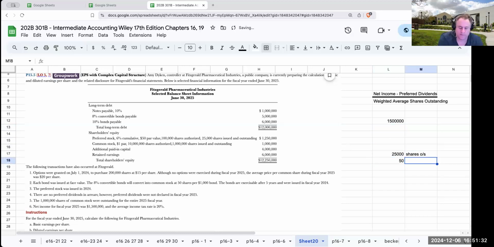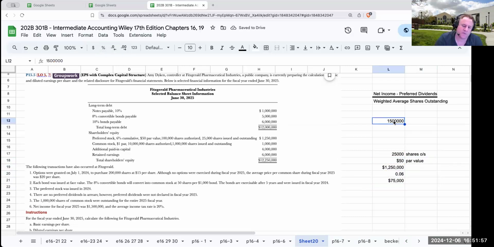So you've got a $50 par value. So over here, you've got a total of 1.25 million, which is the total value of the preferred stock. If I multiply this by the 6%, I'm going to come up with 75,000.